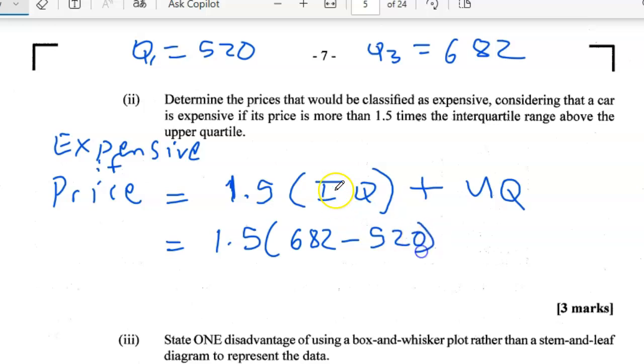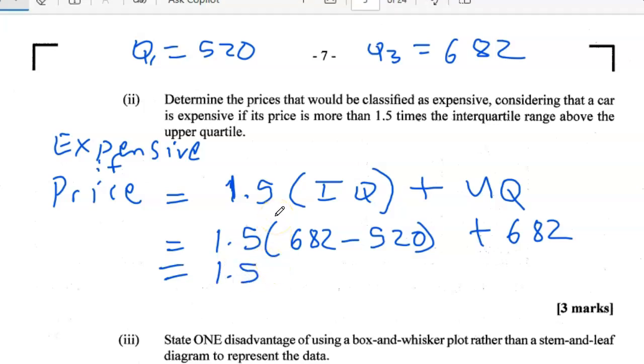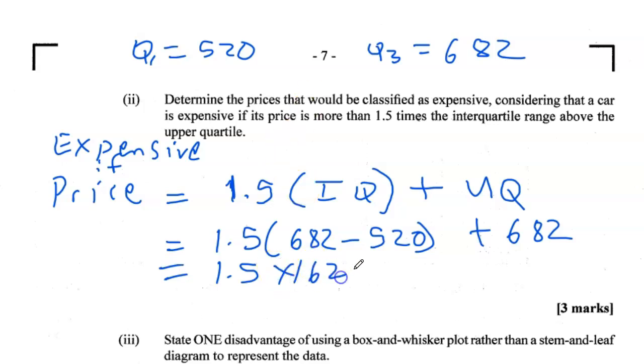The upper quartile is 682. That's 682 minus 520, that's 162, plus 682.